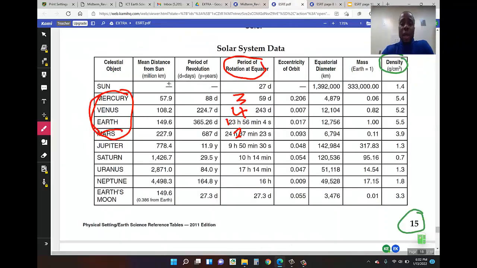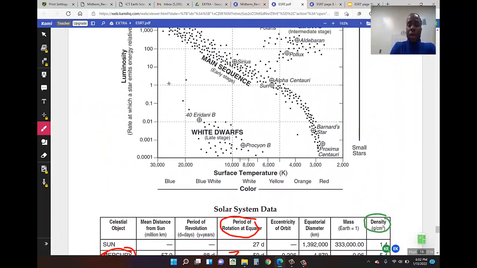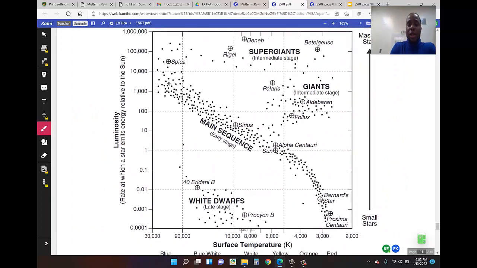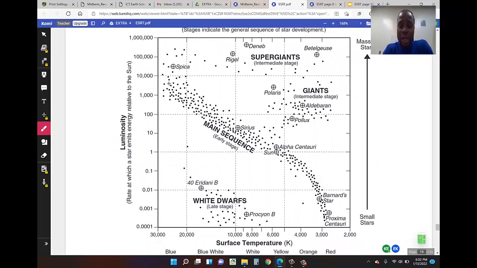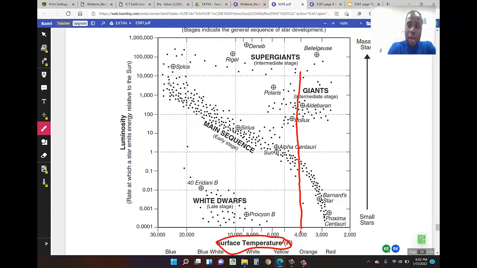So we go back again to this. All right, and the question says the star that has a temperature of 4,000. So I see my temperature meter all the way at the bottom here. So I'm looking for something that is around 4,000. So I can just use my imaginary sense that way.